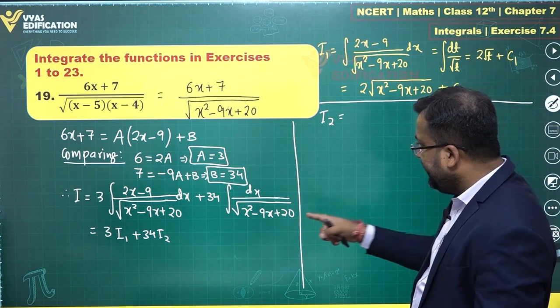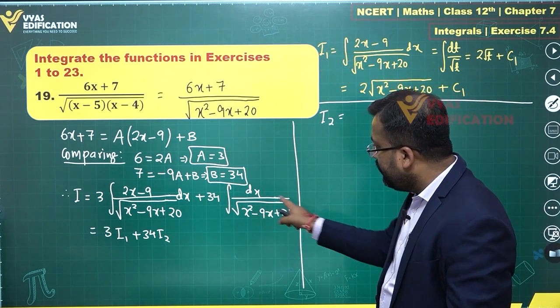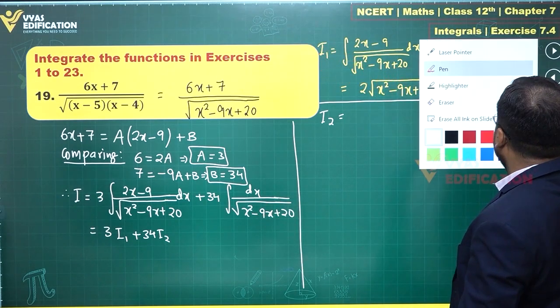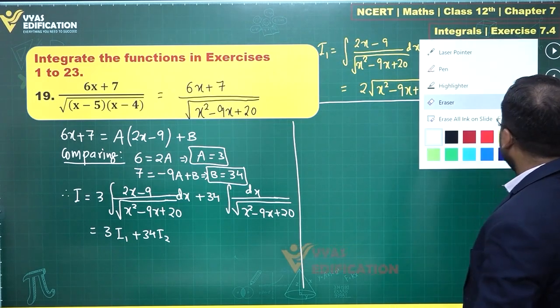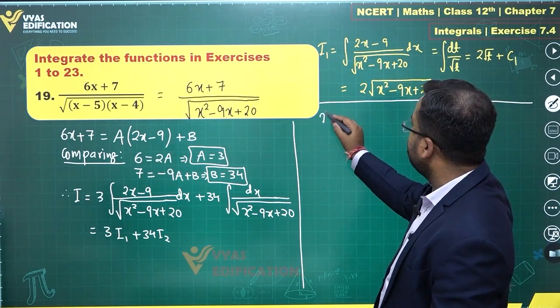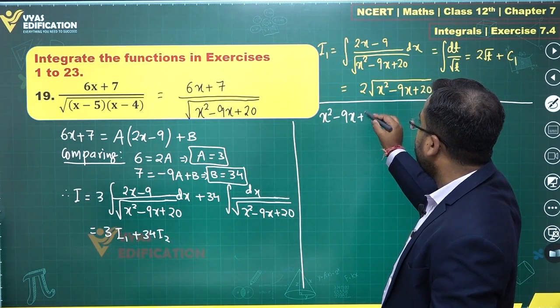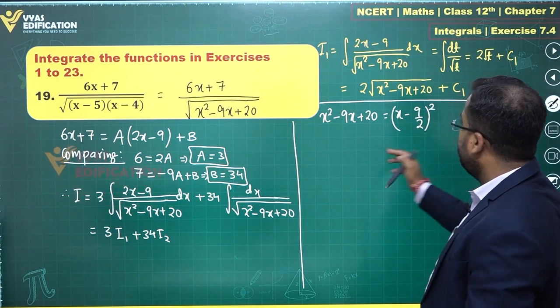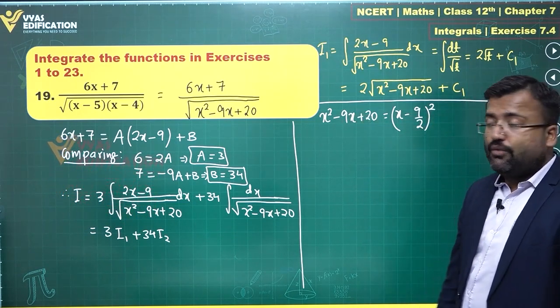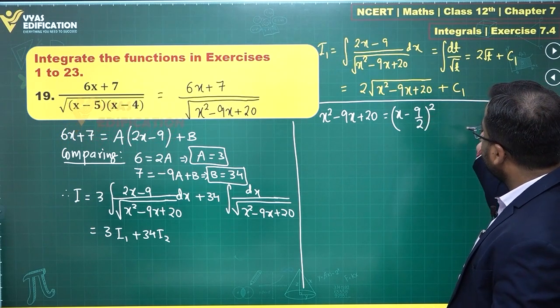For I2, I make the denominator into a perfect square. So instead of finding I2 first, I'll begin with x square minus 9x plus 20 and convert it into a perfect square. This is x minus 9 by 2 square, x minus half of 9, which is 9 by 2, square, and this 9 by 2 square has to be subtracted.